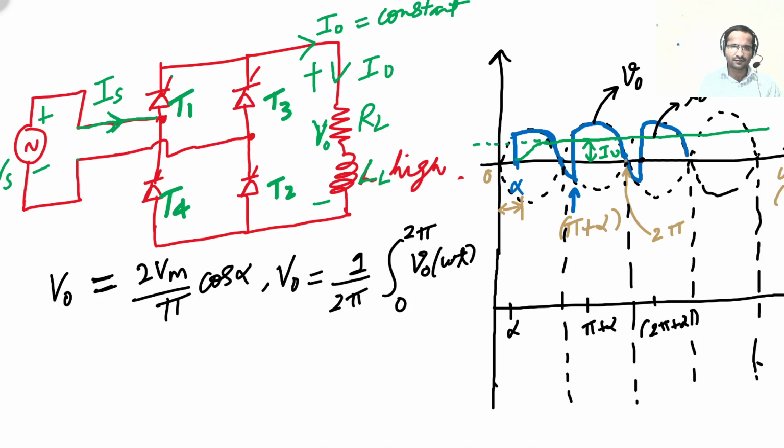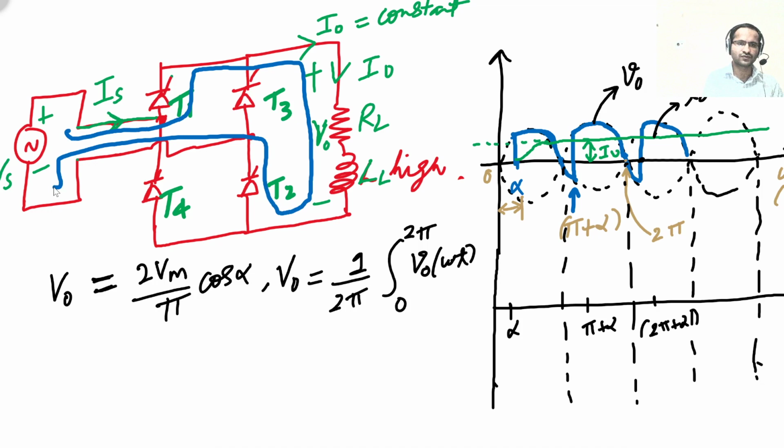We know that when T1 and T2 conduct during the positive half cycle, this is the current path. This is how current flows through the source and load.